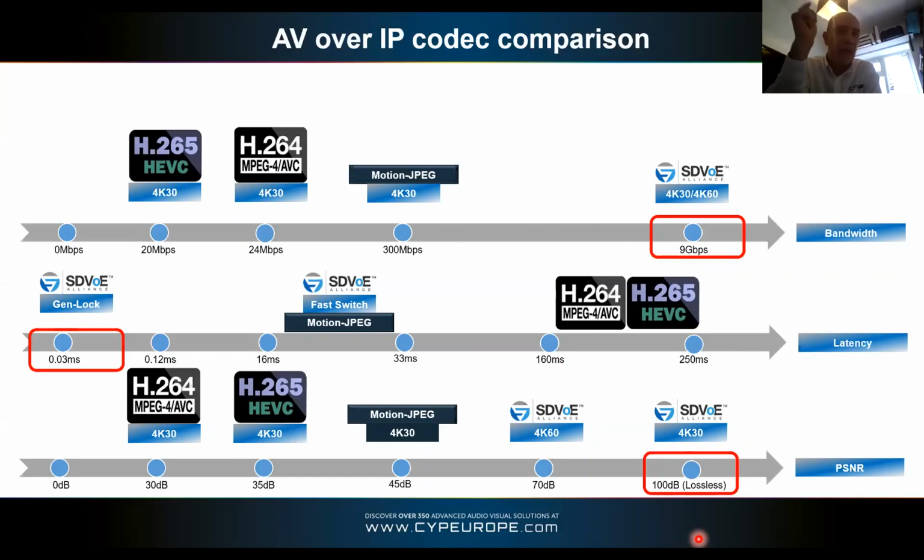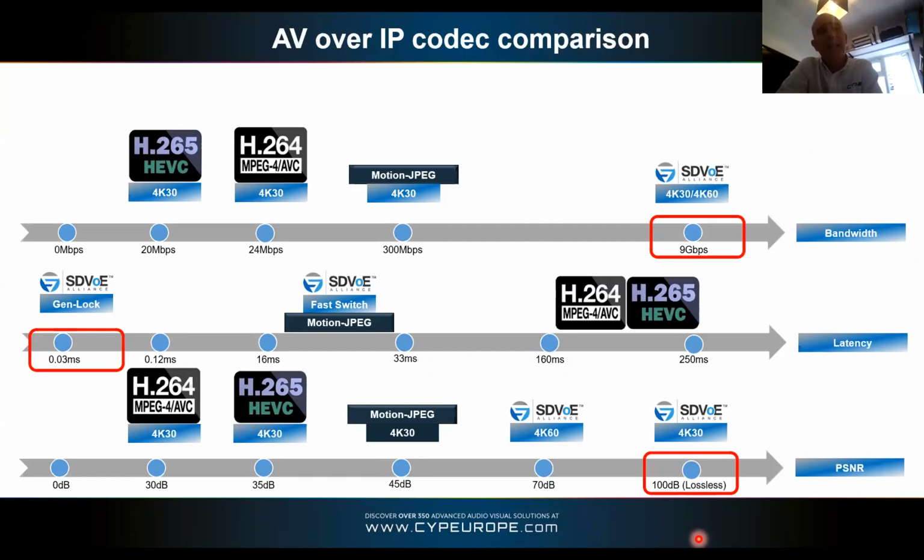That's because SDVoE reserves 1 gigabit per second for all the other streams and all the other networking that's going on. So it has vastly more bandwidth, which is why even at 4K 30, which Motion JPEG and H.265 can do, the picture quality is so much improved. So bandwidth, the bigger the number, the better.